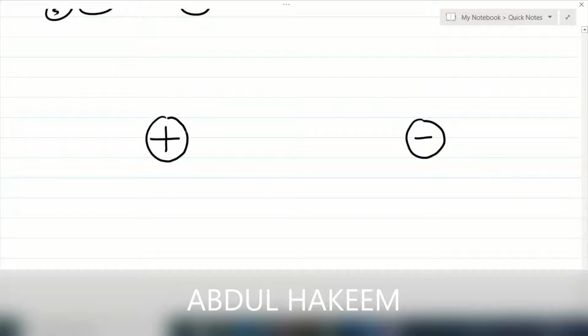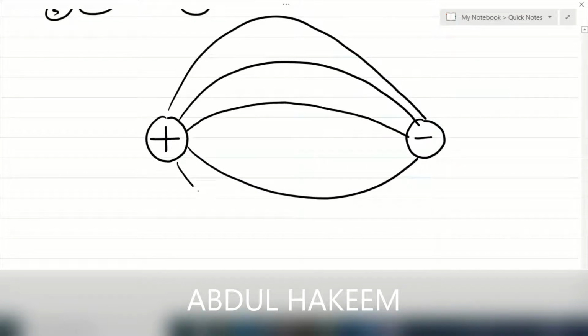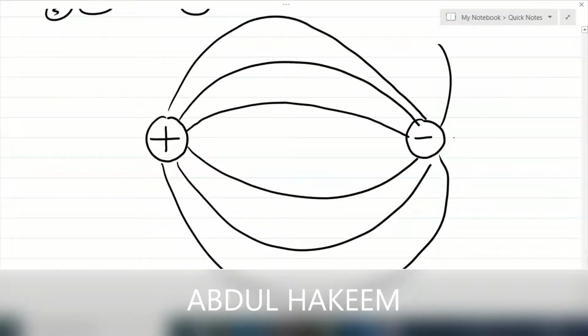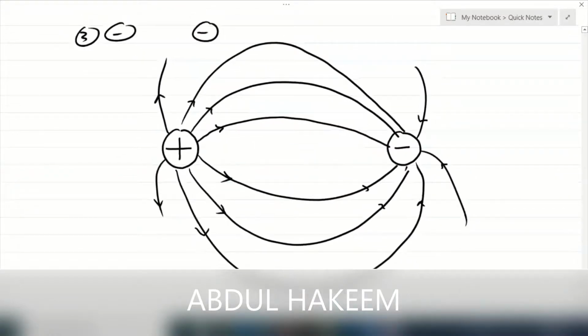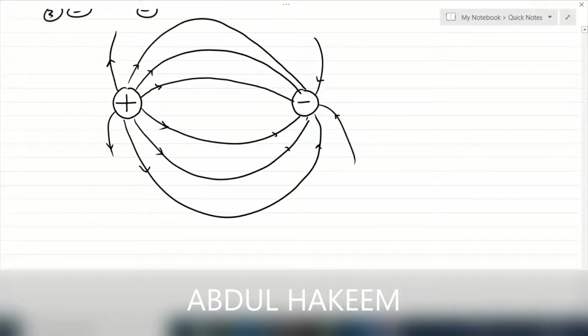So electric fields are directed from positive to negative like this. They are directed outward from the positive and inward to the negative. So this is the pattern of the resultant electric field between positive and negative.